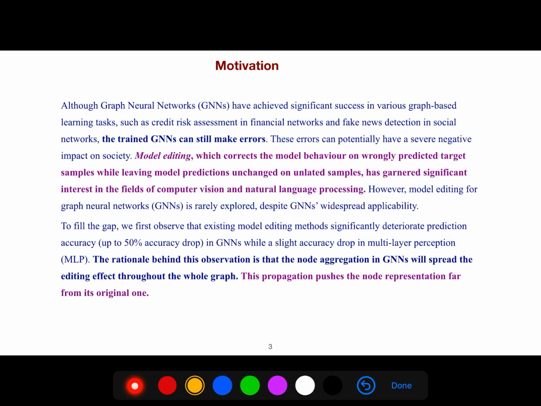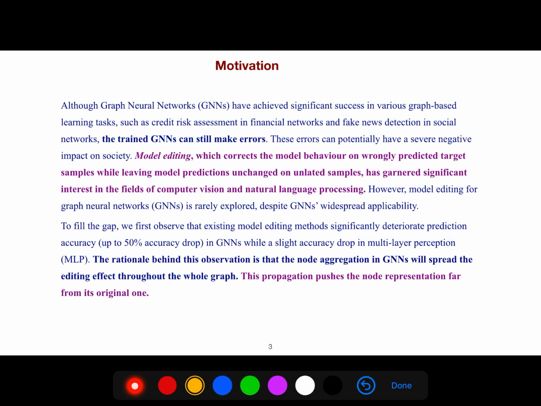However, model editing for graph neural networks is rarely explored, despite GNN's widespread applicability. So we first observed the existing model editing methods significantly deteriorate prediction accuracy, up to 50% accuracy drop, while a slight accuracy drop in a multi-layer perceptron.